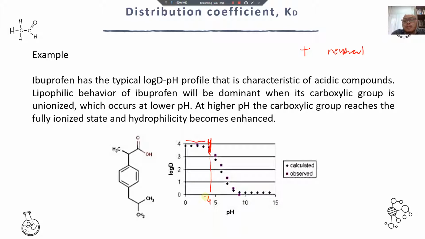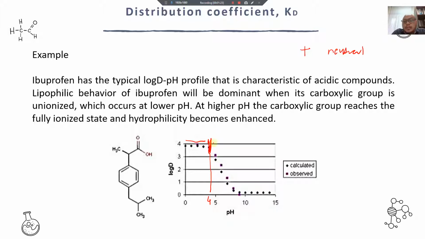At pH lower than 4 it is stable, it keeps being neutral. So what happens if the pH is more than 4?